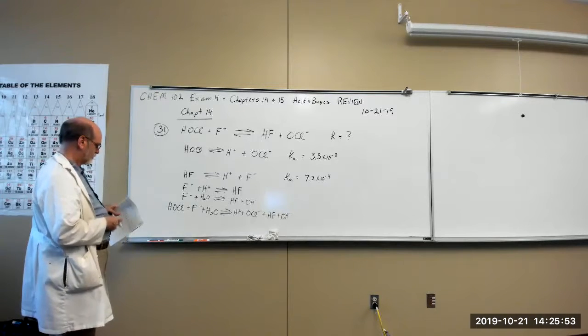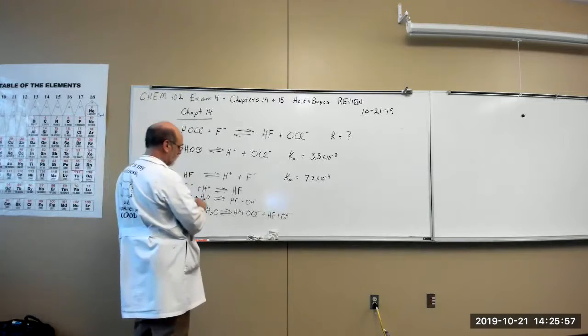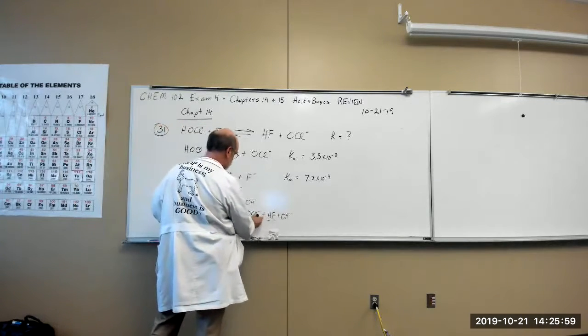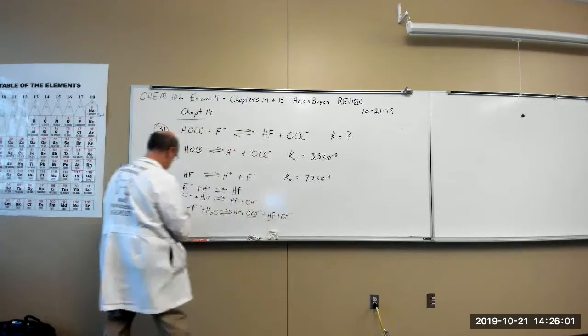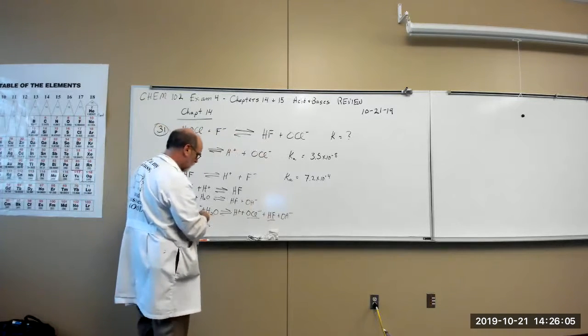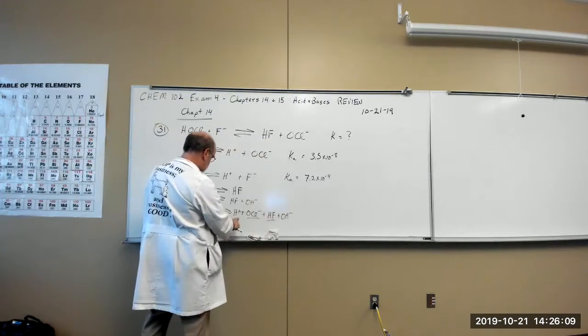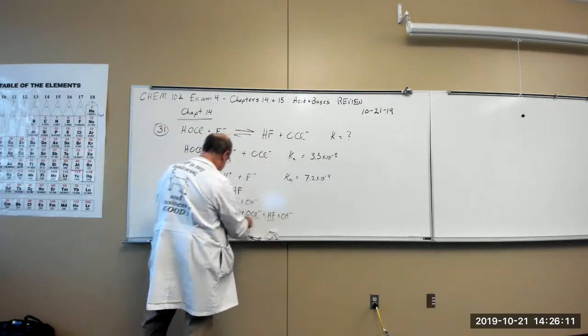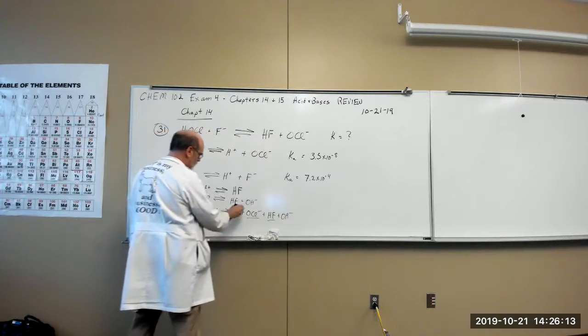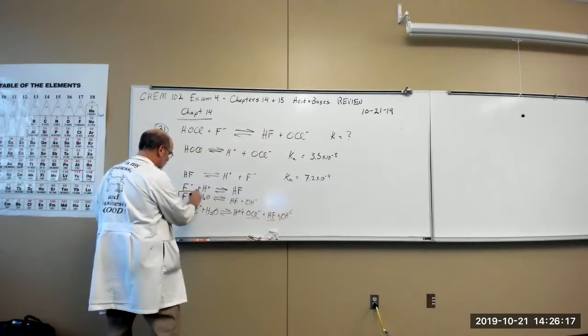Now, does that give us this one? Well, we've got this one and this one up there. So what happens when we take water on this side and H plus and OH minus on that side? We get water again. So that cancels, that cancels, and that cancels. So we can use this equation.